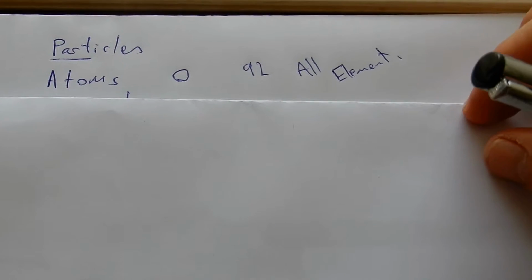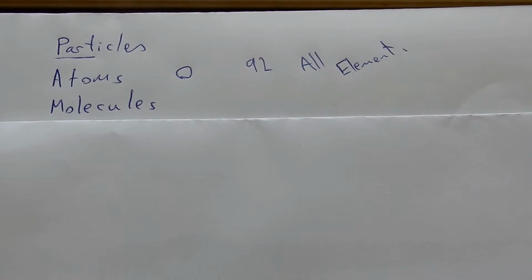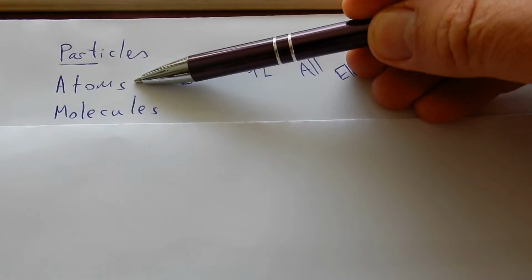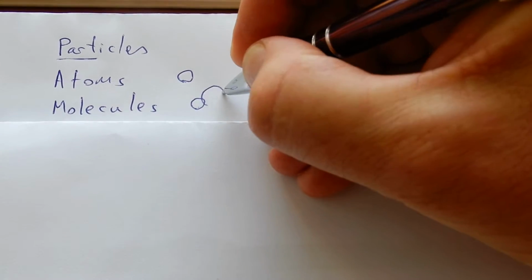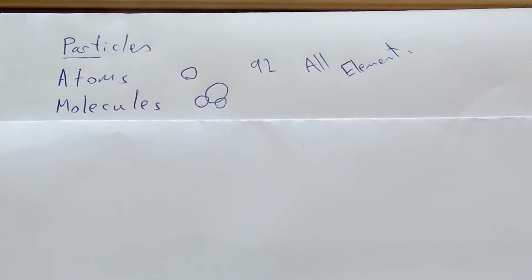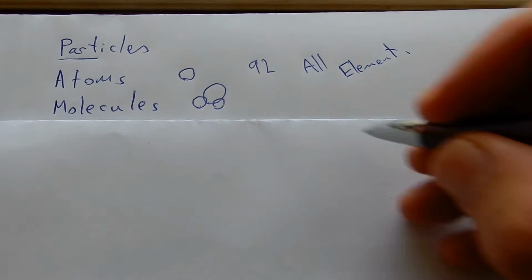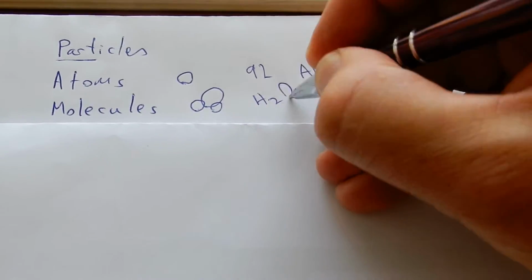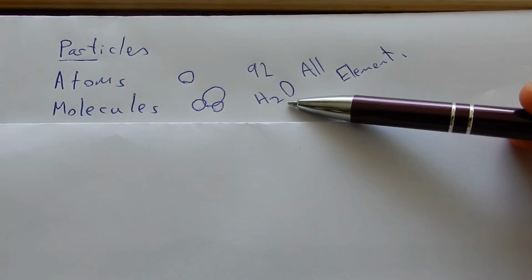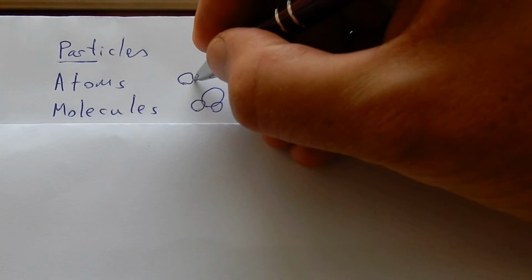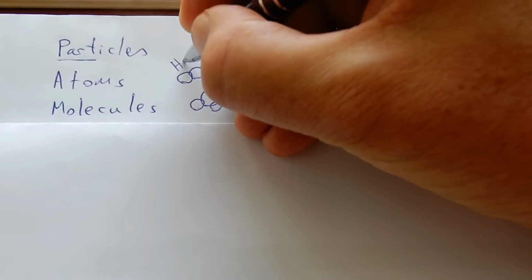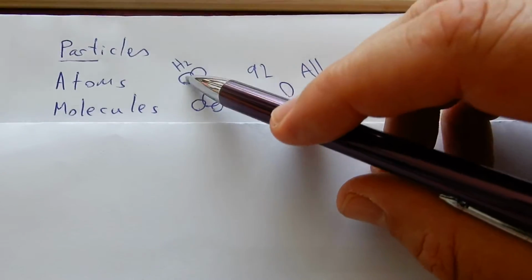Atoms, tiny little spheres, are called particles. Molecules are also called particles. Molecules are two or more atoms joined together. Hey, I've just done H2O. That's water. That's a molecule because it's got different types of atoms linked together. Whereas H2 would just be a molecule of two atoms.